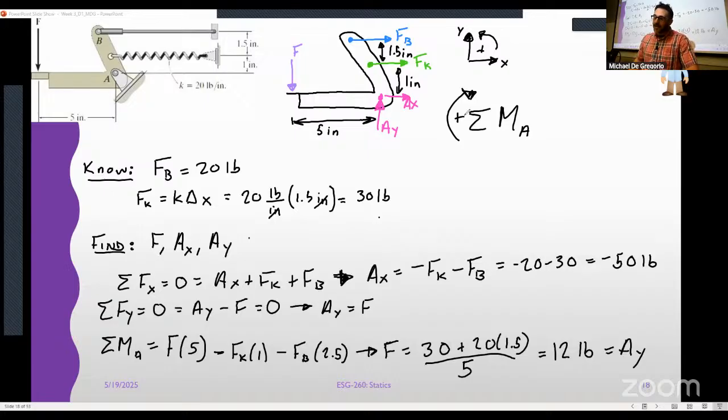But the big thing, if you're going to do that, that's fine, right? But you need to remember that if you flip all these signs, that's fine. It'll work out. But if you were looking for the moment and it came out positive, that now means that you have a clockwise rotation. So you need to keep track of that because it's important.